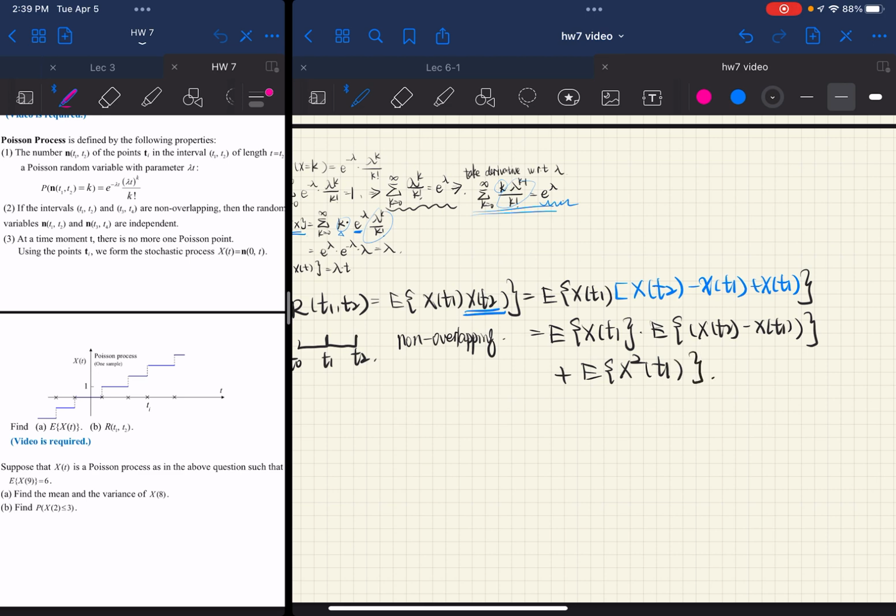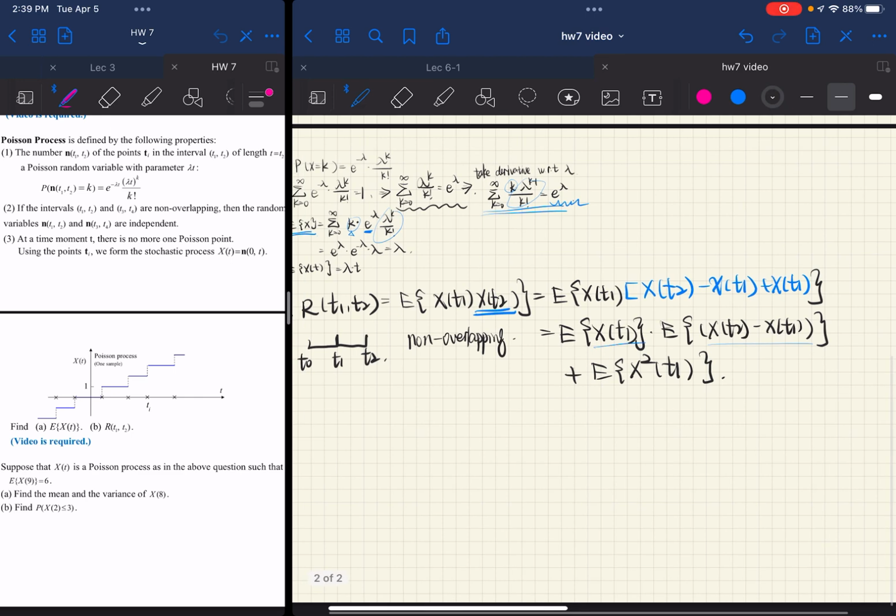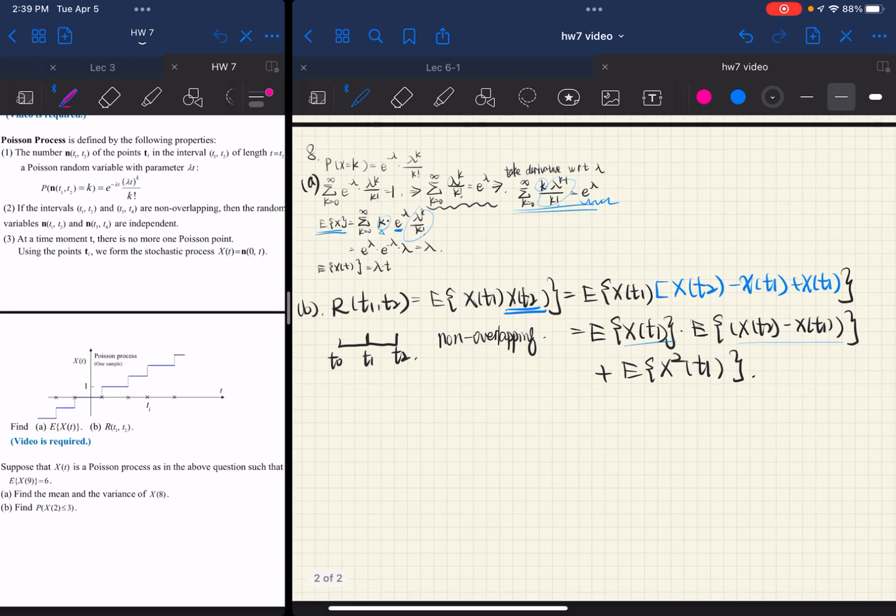We can separate these terms because they are independent, as I stated above. They are in non-overlapping regions.